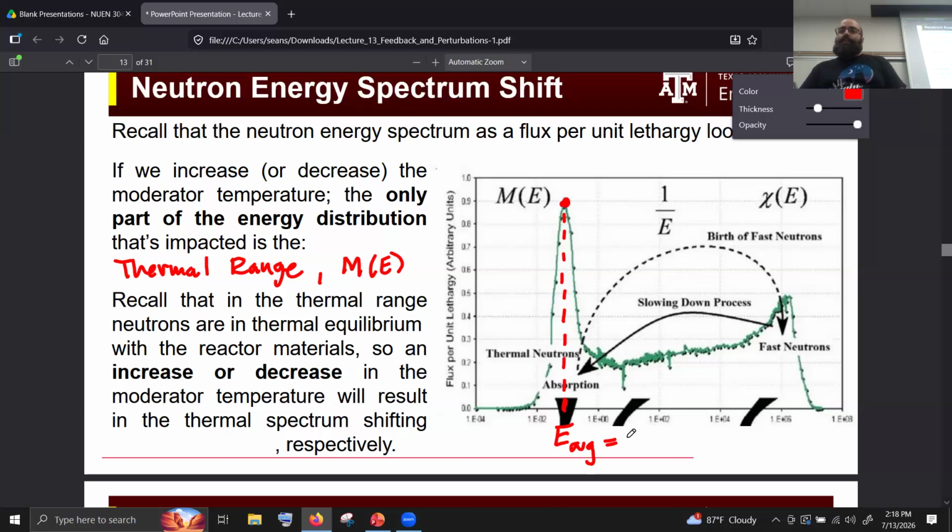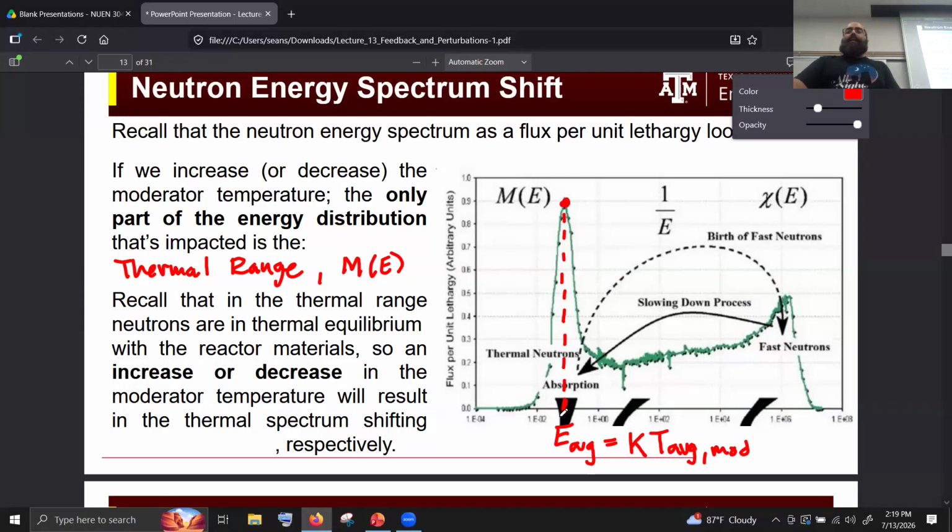And so that energy is going to be k, which is Boltzmann's constant, times the T average of the moderator. So if the moderator is at some average temperature and I multiply that by k, that gives me the average energy of the neutrons that are in thermal equilibrium with the moderator.